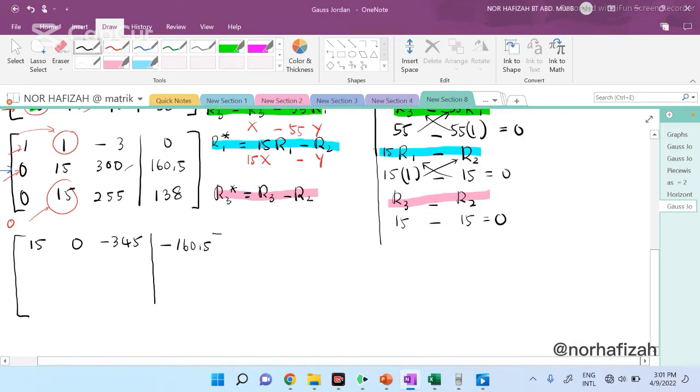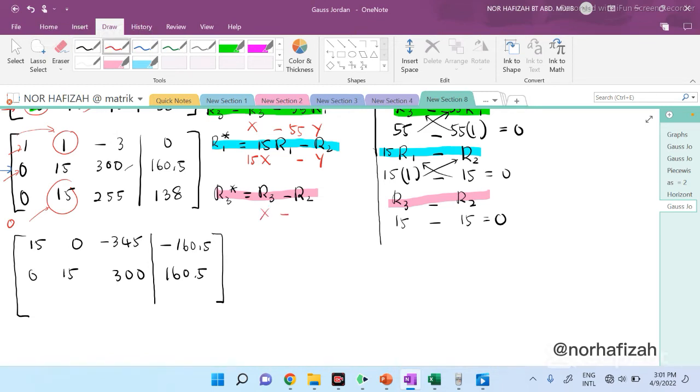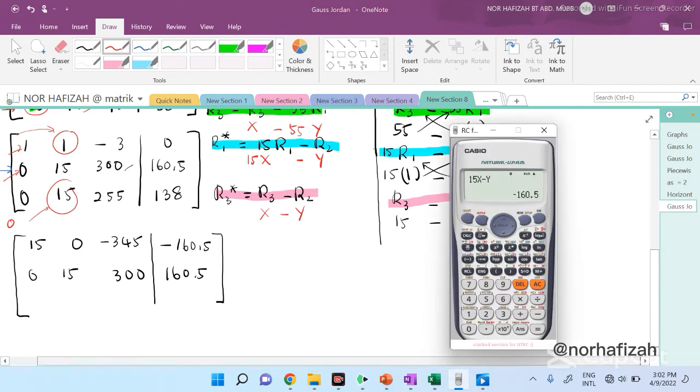Okay. Second row, we didn't do anything. So we just write it back. So 0, 15, 300, 160.5. Okay, third row. Third row is row 3 minus row 2. So if you want to press your calculator, you can press X minus Y. Otherwise, you just minus with the values here. Row 3 minus row 2.